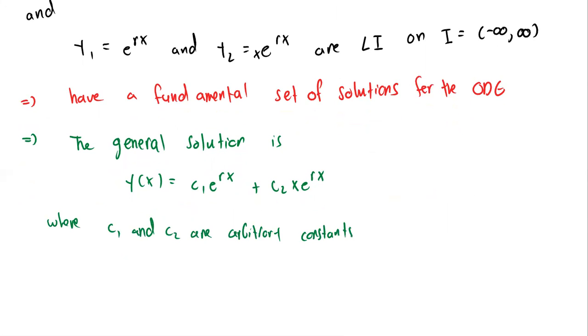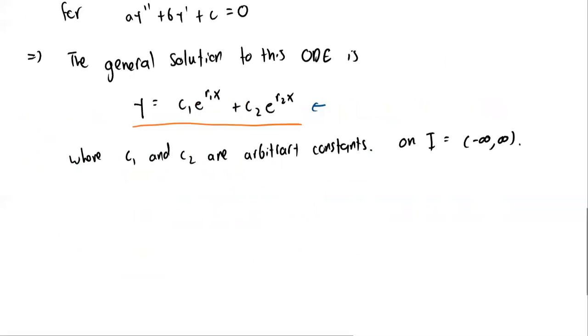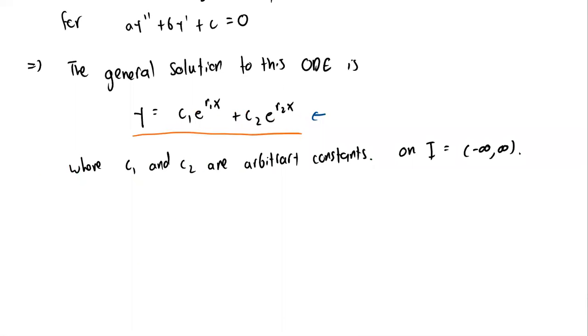And again, this works for all real numbers. This is a general solution on the whole real number line. So let me write I here. Now, the general solution on I.